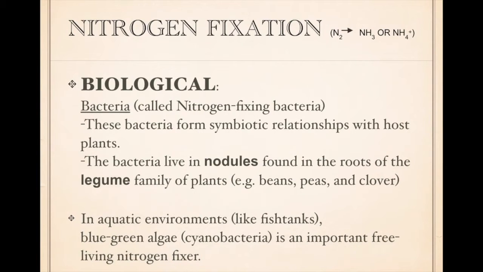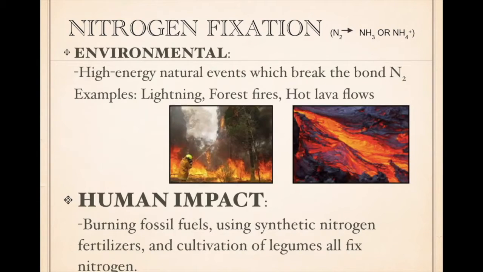It's very important for you to know that bacteria can have a symbiotic relationship. Another way in which we can break apart nitrogen is through extreme heat: lightning, forest fires, or lava flows. Even though a forest fire or a lava flow can destroy life, it is also used for good to break apart nitrogen.